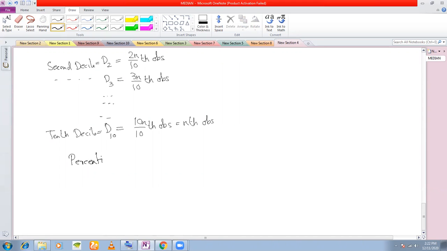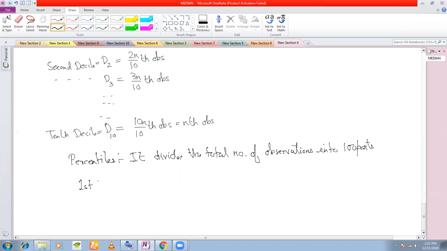Percent means 100. So it divides the total number of observations into 100 parts. Right? So you have the first percentile.